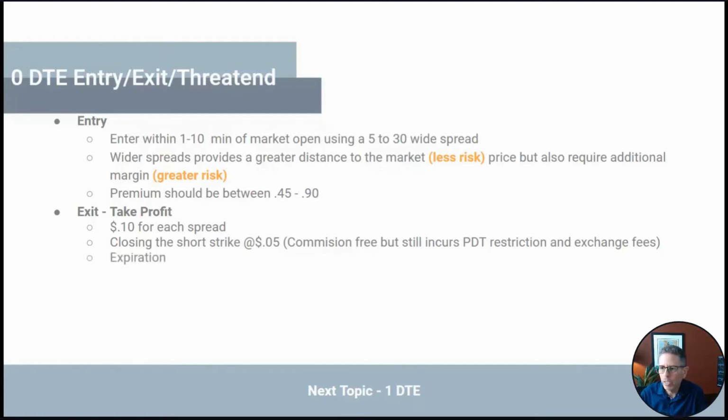And then expiration. I have a group, and I try to close the trade at expiration as much as I possibly can, because I know a lot of people don't have $25,000 in their account. So I really work hard to let it just expire.